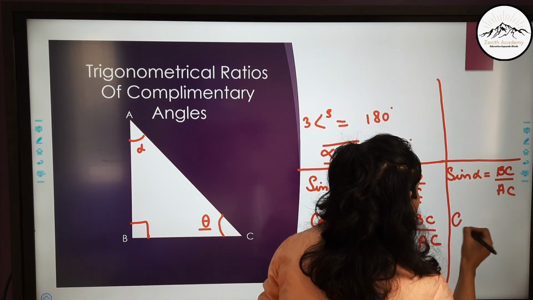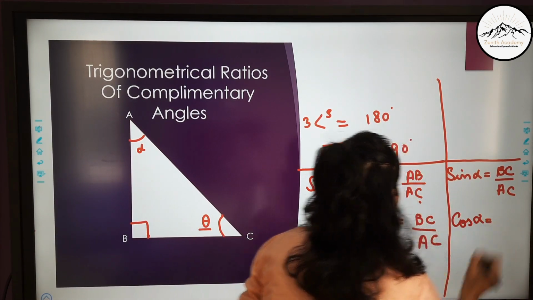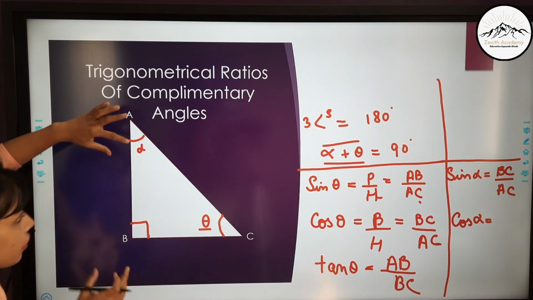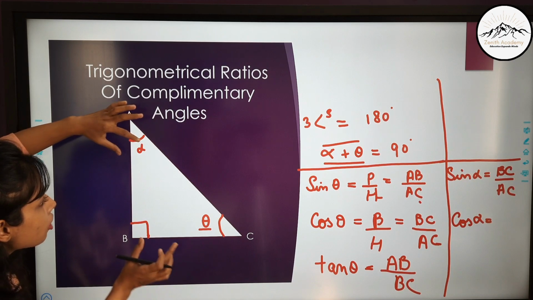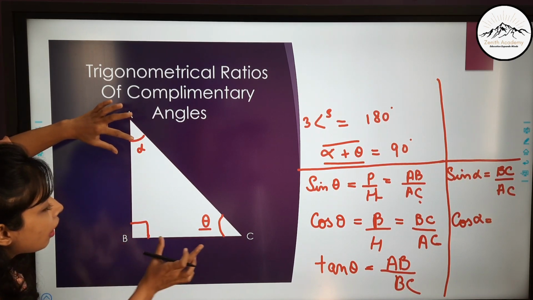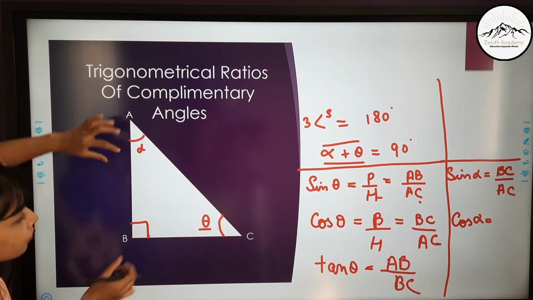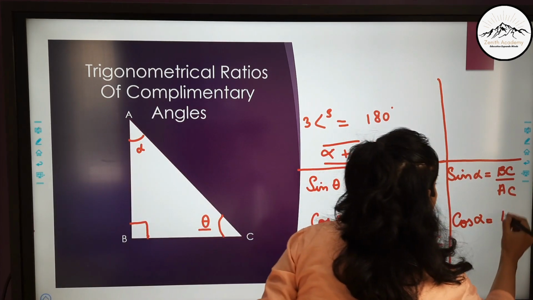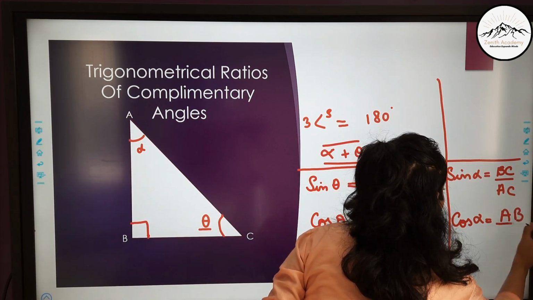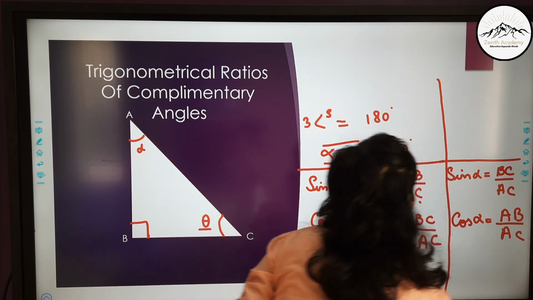Now, what is cos alpha? Cos alpha is base upon hypotenuse. With reference to alpha, our base is AB and our hypotenuse is AC. So, this will be AB upon AC.